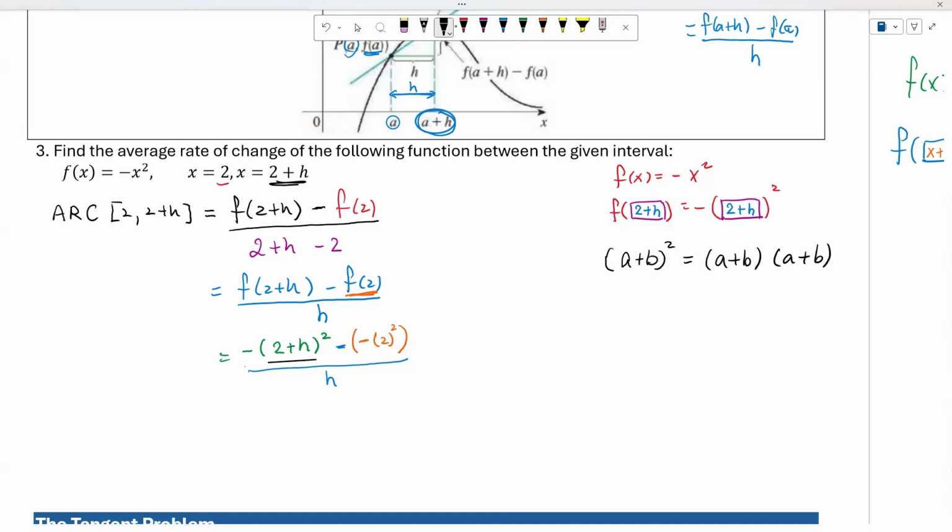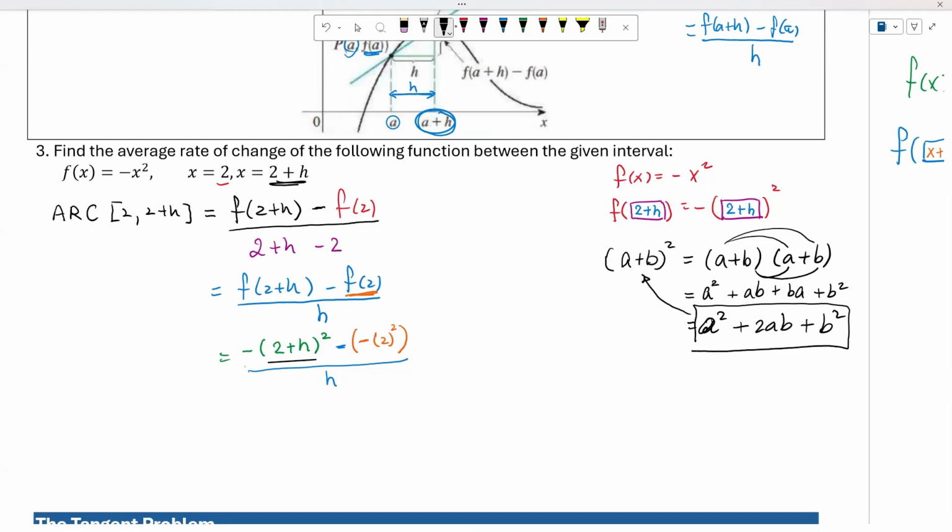Then we FOIL this, so I will have a squared plus ab plus ba plus b squared. Meaning we will have a squared plus 2ab plus b squared. This is the result from a plus b squared. We have three terms, okay?